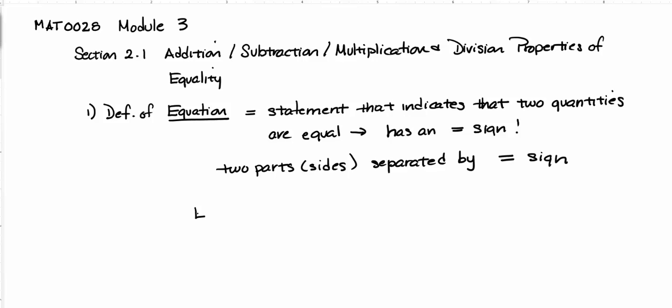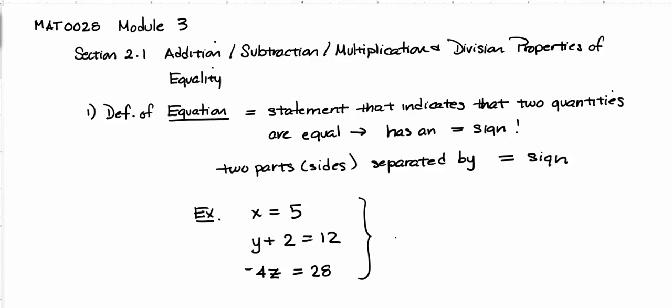For example, if I say x equals 5, we're saying that those two quantities are equal. If I say y plus 2 equals 12, or something like negative 4z equals 28, these are all examples of equations.